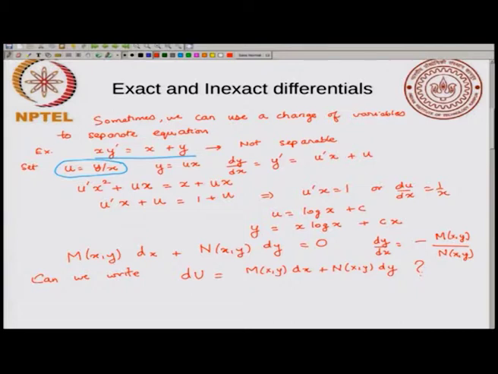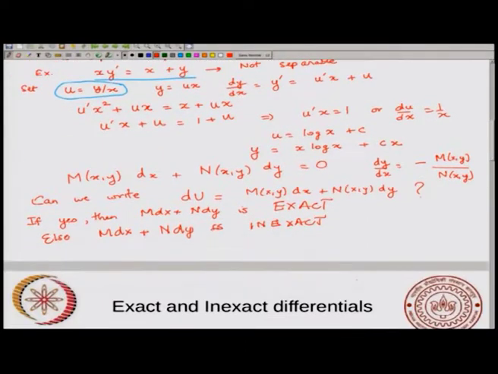If yes, then you say m dx plus n dy is exact; else, m dx plus n dy is inexact.